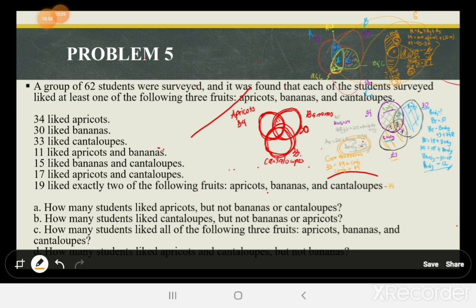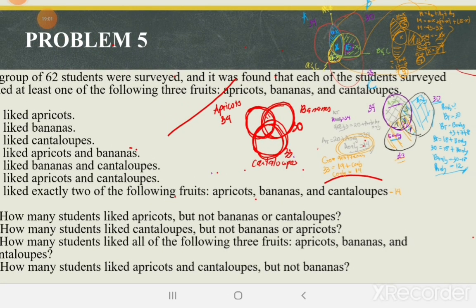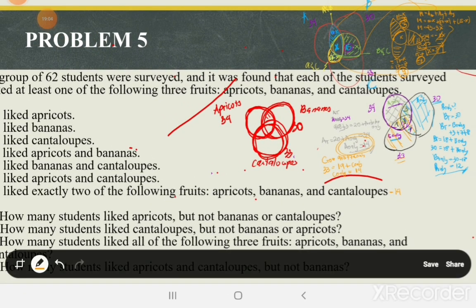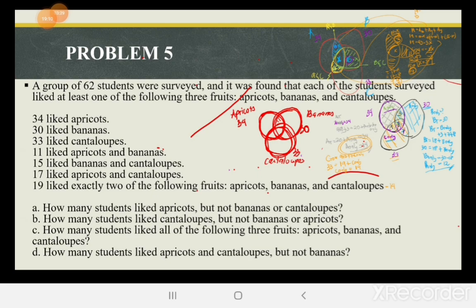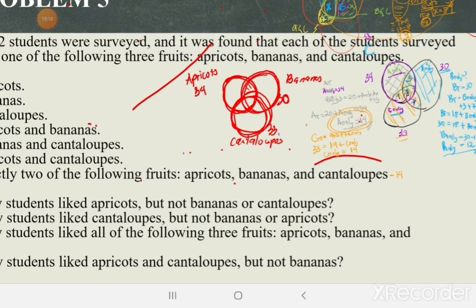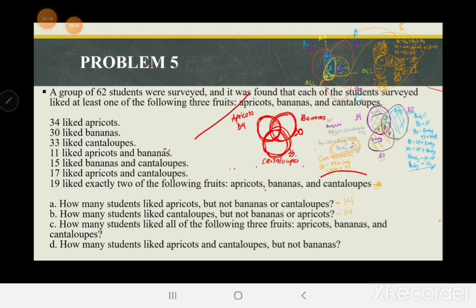Okay? So take note of the word or. You add all of those. So what we put is only the apricots only. Wherein we have the number of people who like cantaloupes only is 14. So this is 14. Cantaloupes only.